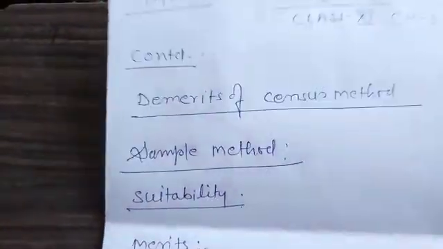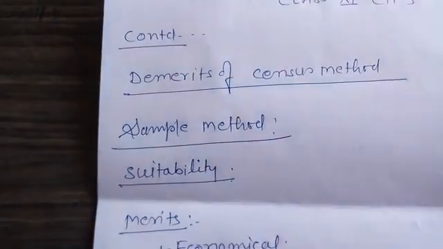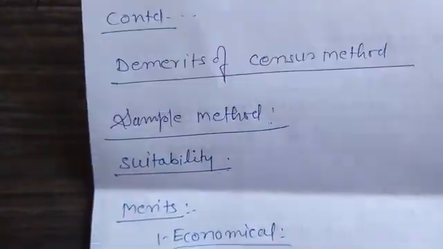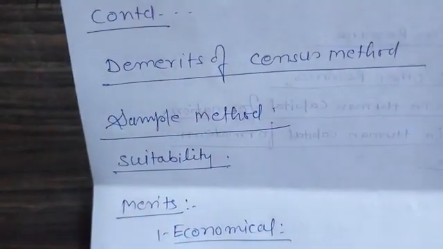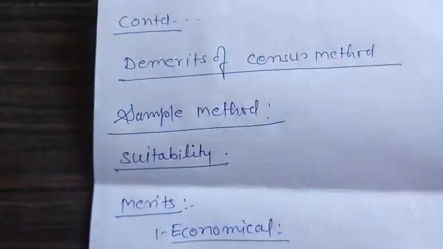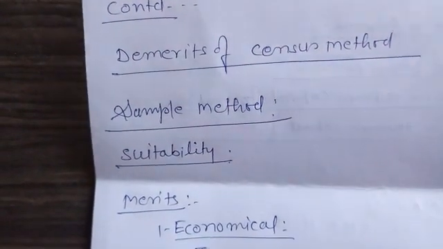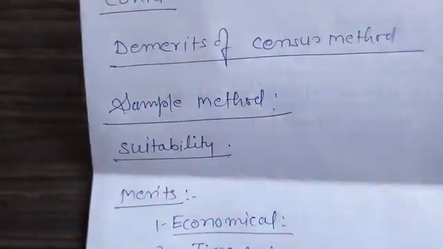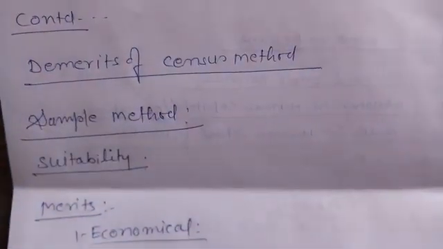The first demerit is costly. The census method is very costly and it requires huge cost. Second, large manpower. If we want to use the census method, it requires large manpower, and also it requires the training of the investigators.